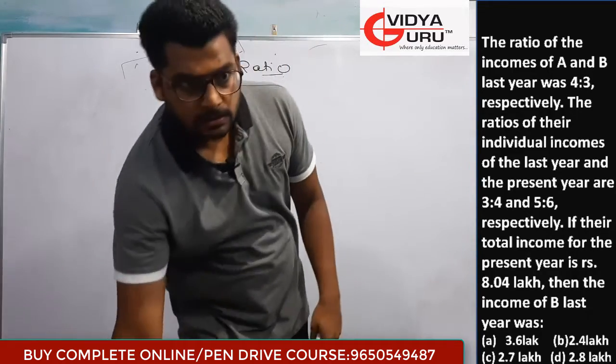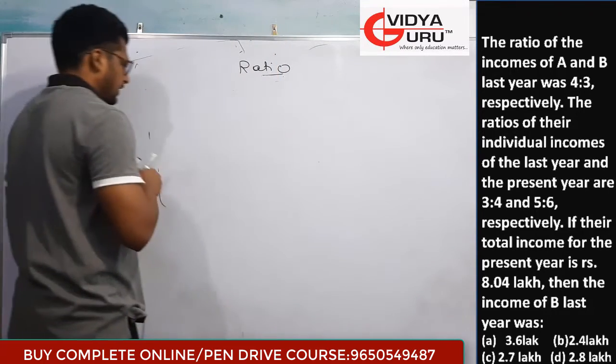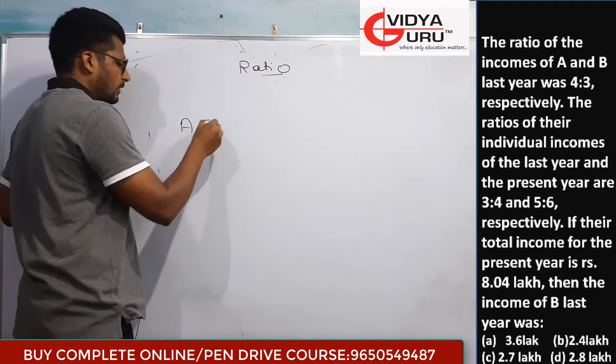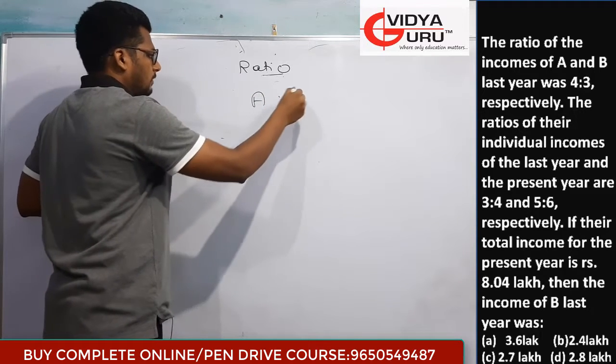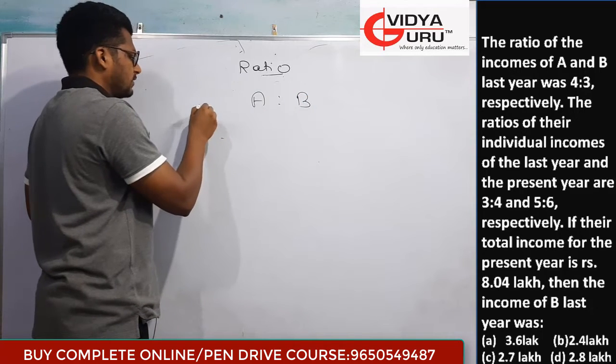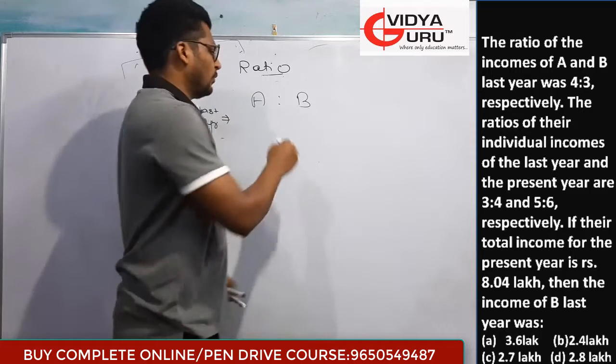What is the last question? The ratio of income of A and B last year is given as 4:3.